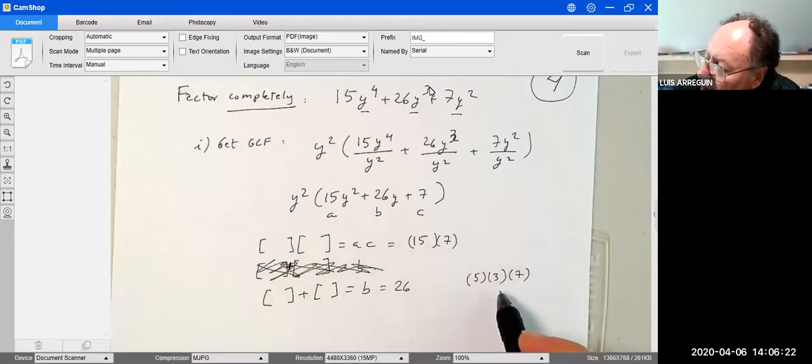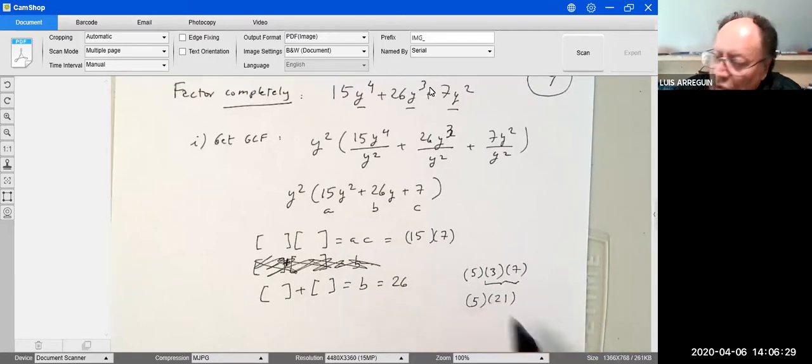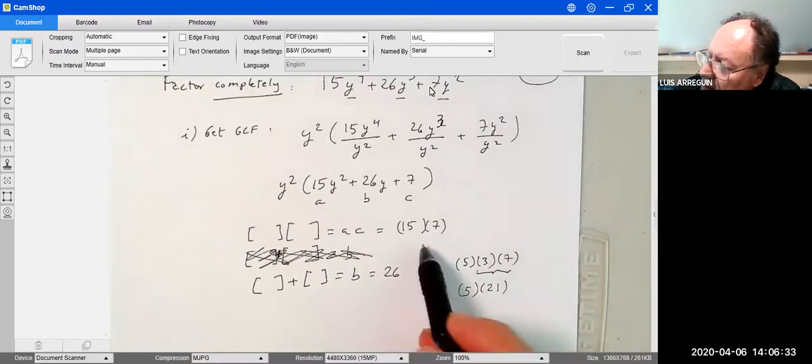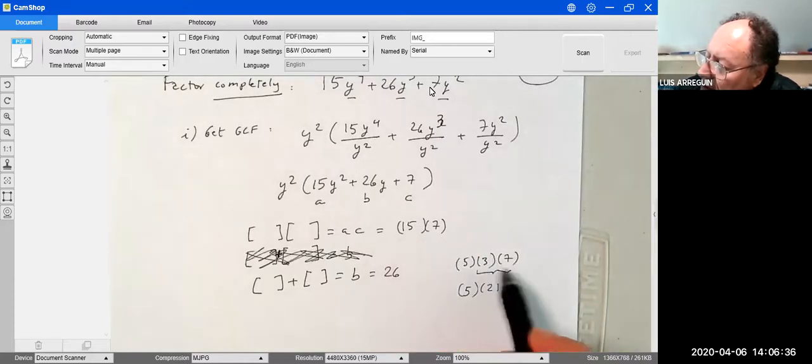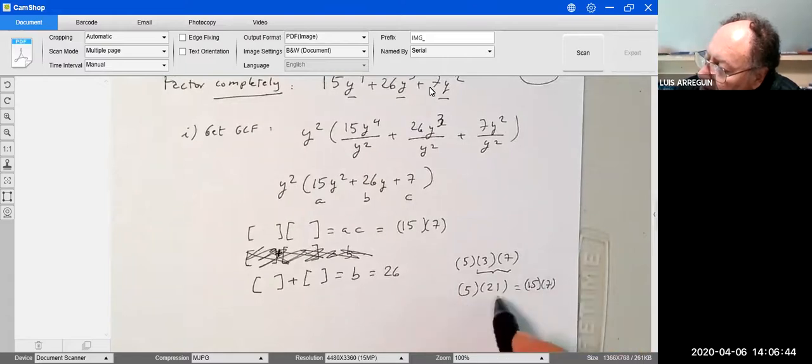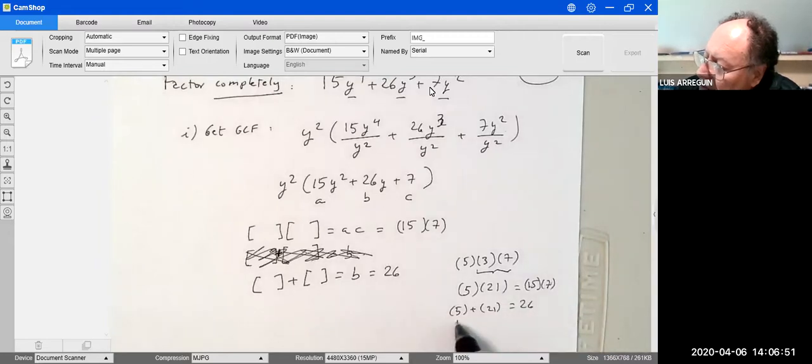Now we can combine these two, so we can get 5 times 21. So 5 times 21 is the same as 15 times 7, because I'm using the factors of 15 here. I can see that if you add up these two values, 5 and 21, you're going to get 26. So 5 and 21 are my numbers.